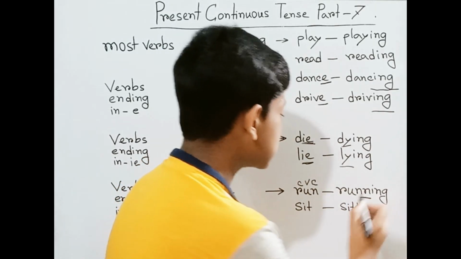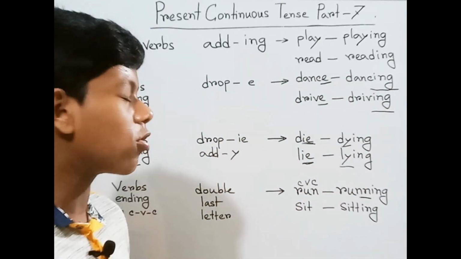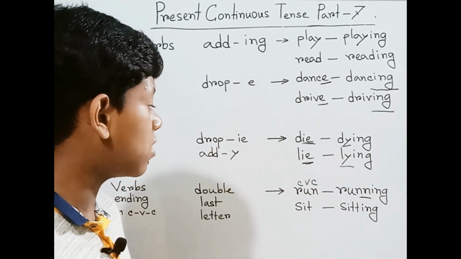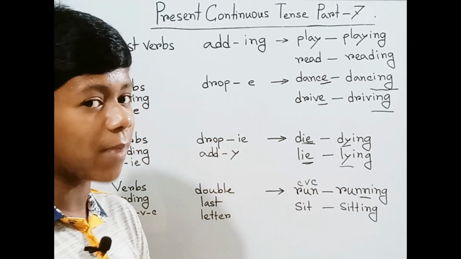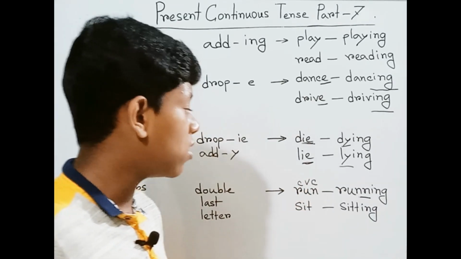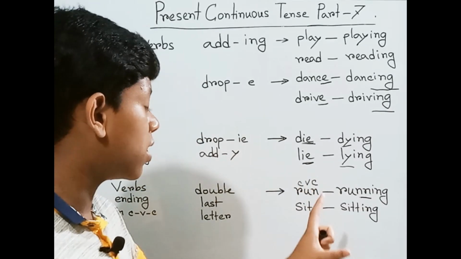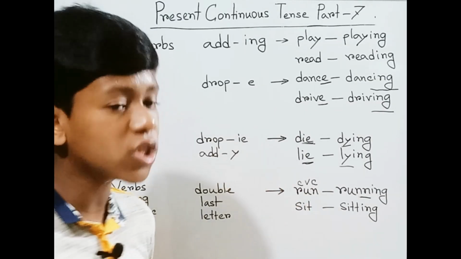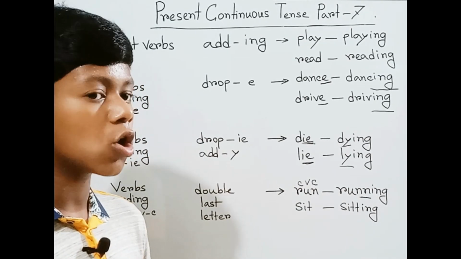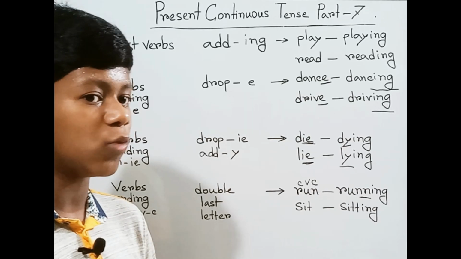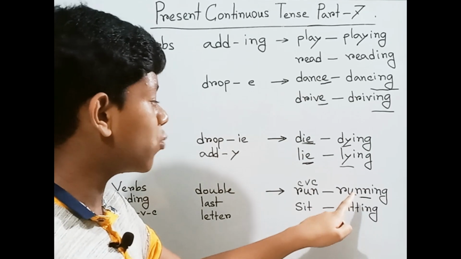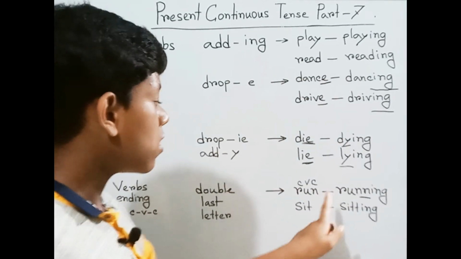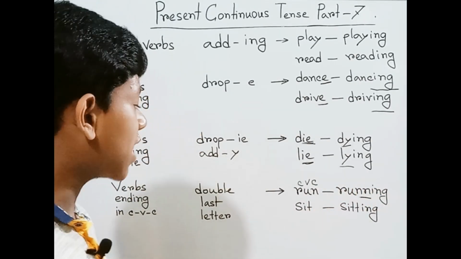There is a double N. When the pattern is CVC, we have to check the last letter, and the last letter is N, which is a consonant. In that case, the consonant will be doubled. So here we have used double N because it is a consonant. Run, running.